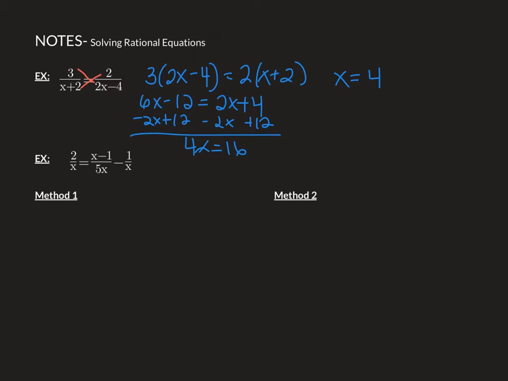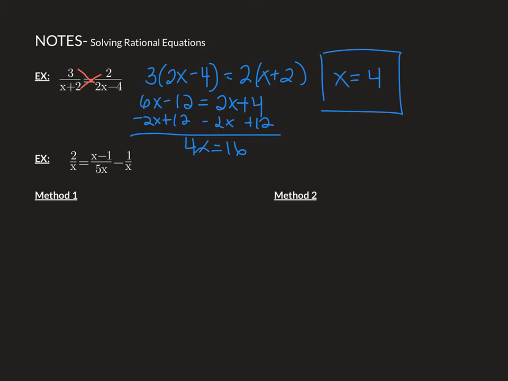Meaning when we get 4, is there any way that 4 could make my denominator 0? Looking at the first fraction, if I plug 4 in, I would get 4 plus 2, which is 6. So we're good there. And if I plug 4 into my second fraction, 2 times 4 is 8, minus 4 is 4. I don't have to worry because that's not 0 either. But it is something we want to be aware of when we're solving rational equations: what are our excluded values? What are our restrictions on our domain?